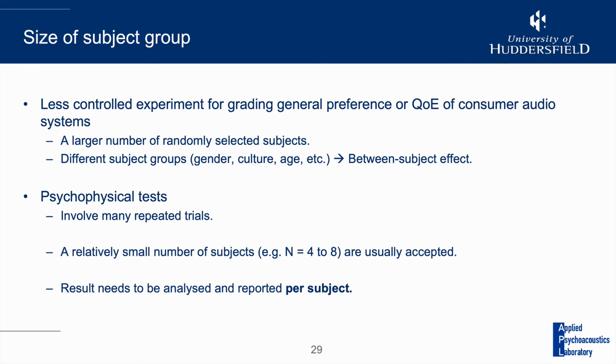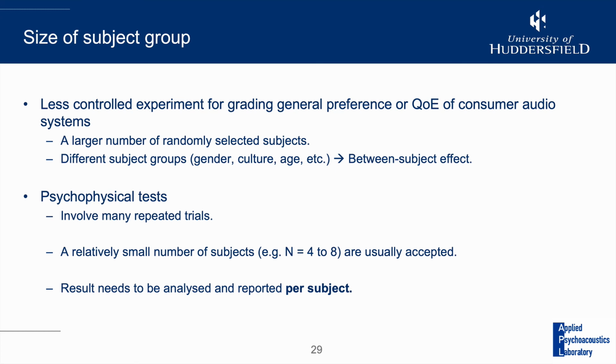So the results need to be analyzed and reported per subject rather than pooling all of the data together and giving a global averaged result. Because if the number of subjects is only 4 to 8 people, these results may have quite a large inter-subject variability, and it's sometimes difficult to generalize the result.